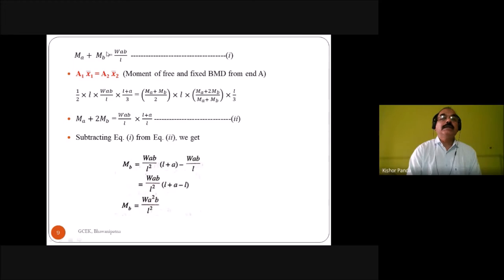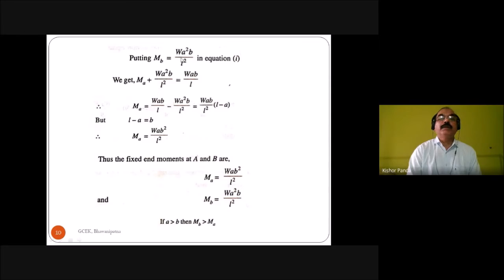So put MB in equation 1 and find out the moment at the support A. Putting MB, WA square B by L square, in equation 1, we get MA plus WA square B by L square is equal to WAB by L. Then MA is equal to WAB by L minus WA square B by L square, is equal to WAB by L square into L minus A. Then you know L minus A is equal to B. After putting that here, MA is equal to WAB square by L square. So the fixed end moments at end A and B are MA is equal to WAB square by L square and MB is equal to WA square B by L square.